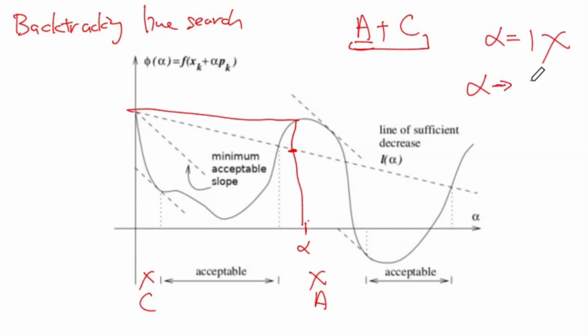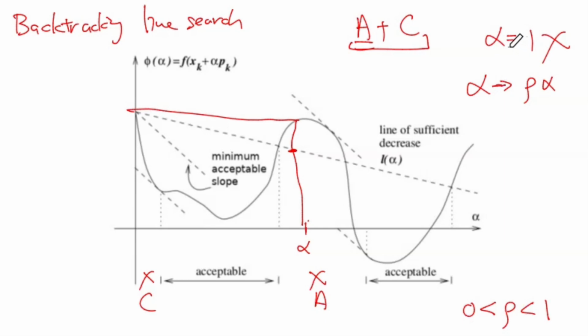to a smaller value, which is given by alpha multiplied with rho. The rho is a value which is smaller than 1 but bigger than 0. We reduce the alpha by this ratio and get a new alpha.